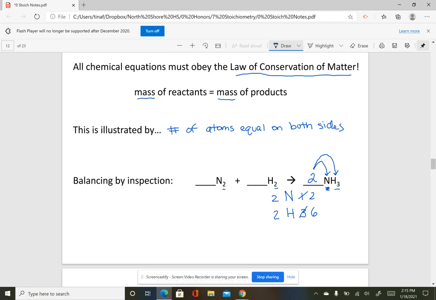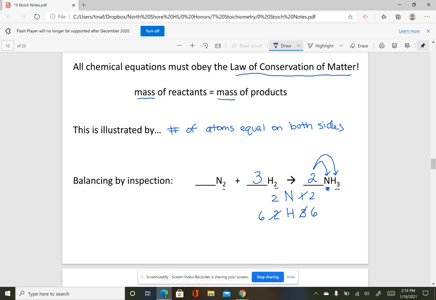Now I have 6. So now if I look, my hydrogens are still not balanced. So I want to go to the side where I have less hydrogen and make that side go up. So over here I have 2, but I want to make that 6 because I want them to be equal. So what do I have to multiply a 2 by? To get 6, I have to multiply it by 3. And that's going to give me 6.